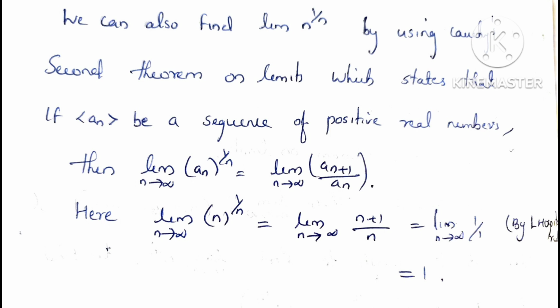So limit n tends to infinity n raised to 1 by n is equal to limit n tends to infinity a_(n+1) by a_n, here (n plus 1) by n, that's equal to limit n tends to infinity 1 by 1 by L'Hospital's rule, since we get infinity by infinity form, that's equal to 1.